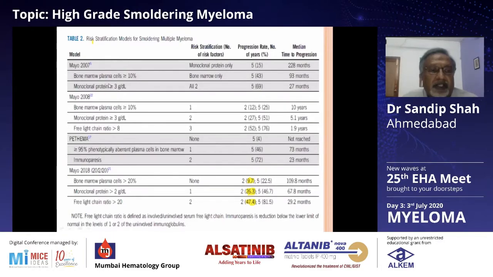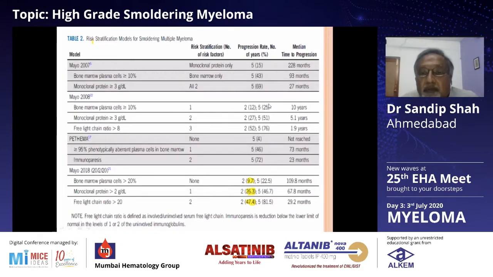So in 2007, there was one model by Mayo, which contained only bone marrow plasma cells and monoclonal protein. In Mayo 2008, there was another risk model which contained bone marrow plasma cells more than 10%, monoclonal protein more than 3 gram, and free light chain ratio more than 8.